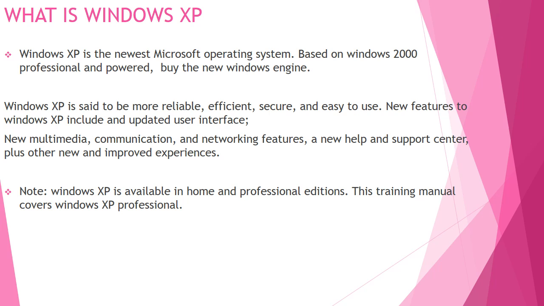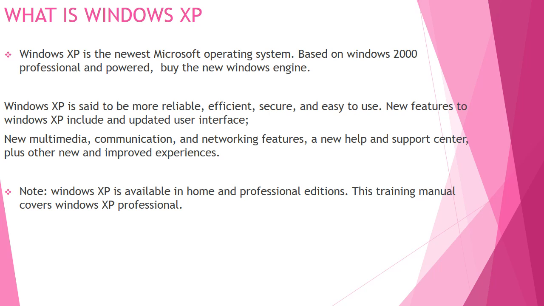The term user interface refers to the means by which the person operates the computer system itself. Then new multimedia. Multimedia are processes of communication and networking features. Those networking and communication features will allow us to interact with individuals from different locations.